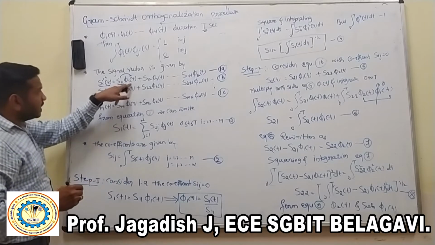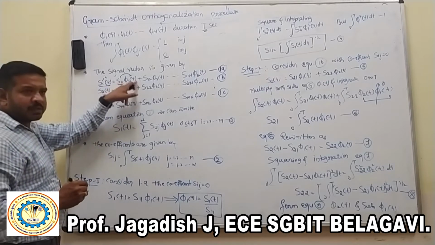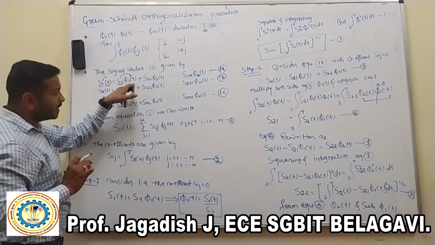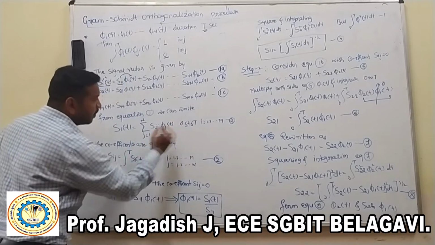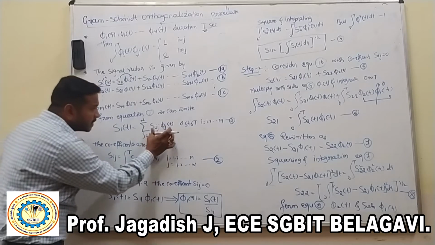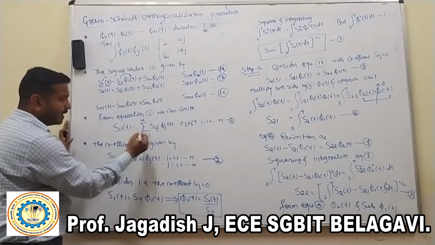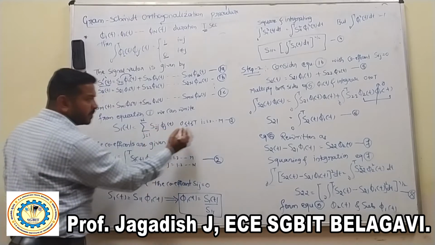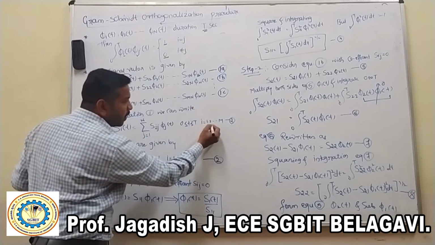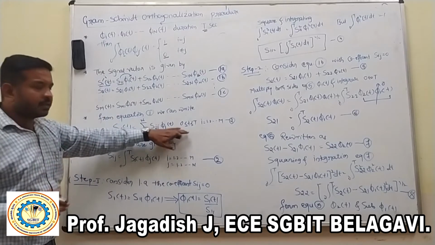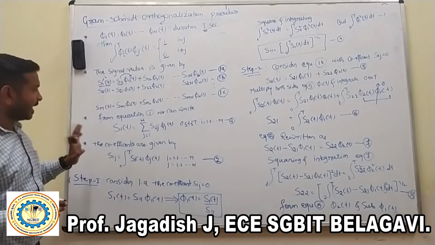Then we go for the basis function, which is the orthonormal basis function, defined as pi j of t. These values are in the interval 0 to T. The coefficient i equals 1, 2, up to n. Okay, so this is the reduced form of equation 1a.